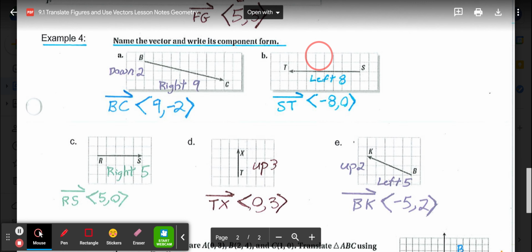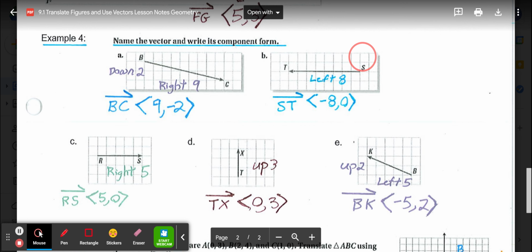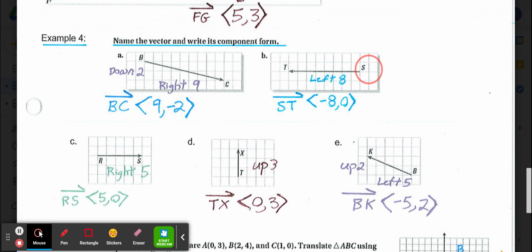In B, we have vector ST. Even though the vector is going right to left, we still write the vector symbol always going to the right. So vector ST is moving left 8, and the vertical component is just 0. There is no up or down. So if we're going left 8, we would just write that as <-8, 0>.